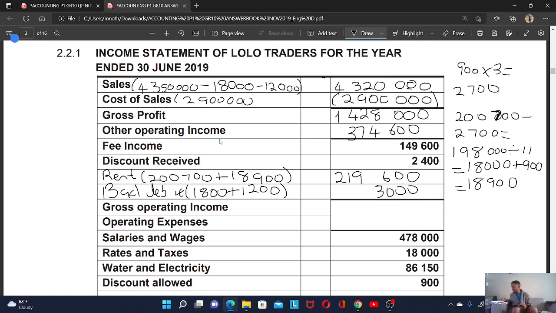So we're going to add the incomes to your gross profit. The answer is 1,802,600. Now let's go to the expenses.